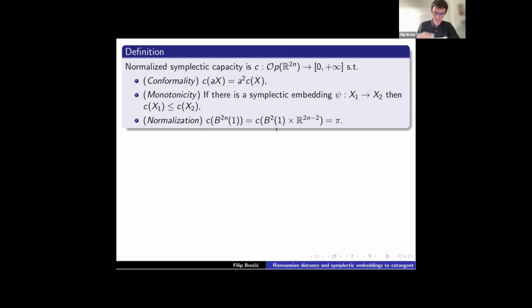So we need to have conformality, which is that if we take a rescaling by a factor of a of an open set, the capacity of a times X is a squared times the capacity of X. We have a monotonicity axiom, which states that if there is a symplectic embedding from X1 to X2, then the capacity of X1 is smaller or equal than the capacity of X2. And then normalization states that the capacity of the unit ball and the capacity of the unit cylinder is equal to pi.